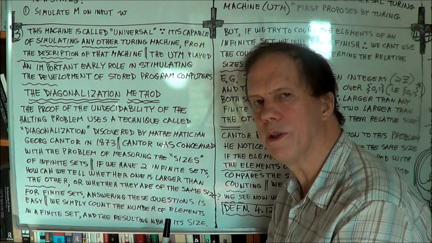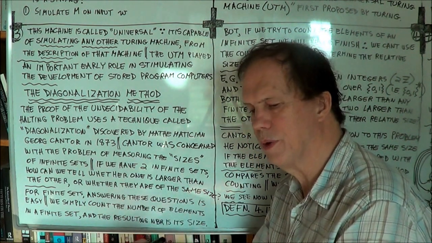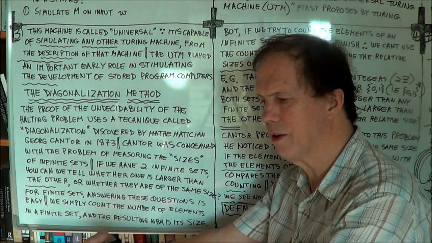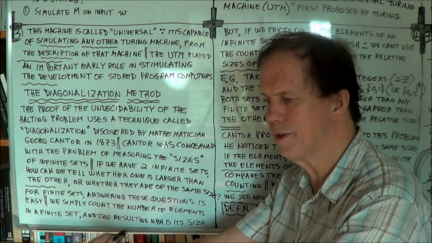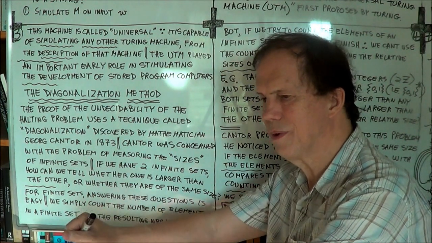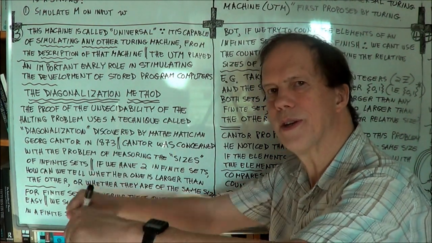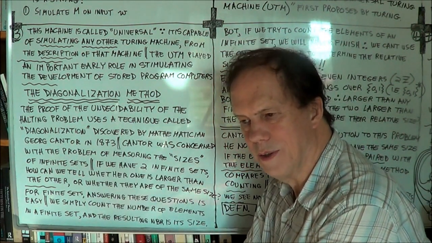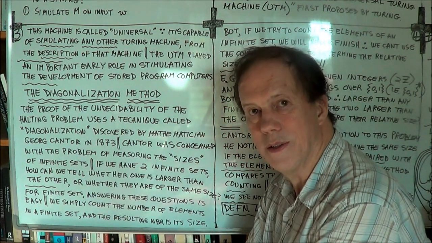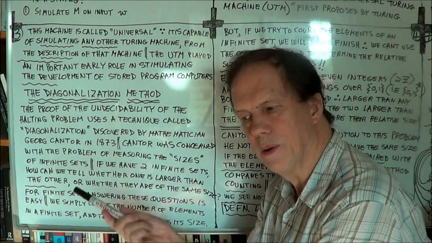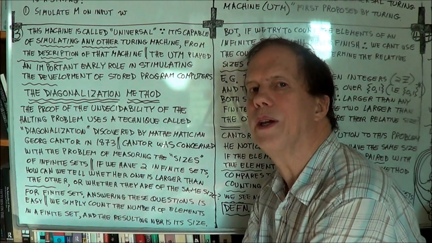So you had one element of set A and you pair that off with one element of set B. Then you took the second element of set A and you pair that off with a different element of set B. You took the third element of set A and you paired that off with a third element of B, and so on. And if the two were finite sets and they had the same number of elements, then you could pair all of the elements of A with all of the elements of B.